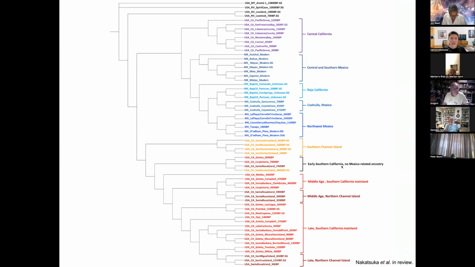But there is an interesting cluster, and also lack of geographic continuity, here in the center, which is basically an early group of ancestry that I'll show you later, all lacking Mexico-related ancestry that comes into the later California groups. There are also some differences here where people are not necessarily clustering by their geographic region, which is due to migration into the region, which I'll show you in other ways soon.